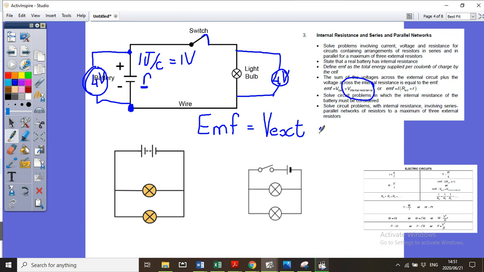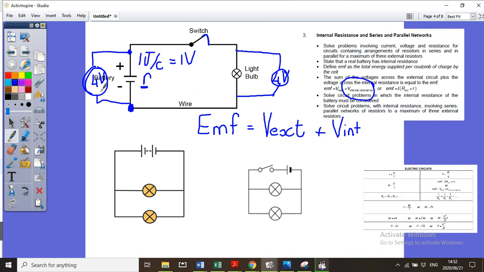But sometimes some of that energy is going to be lost inside the battery, lost in inverted commas because it's not totally lost, but it's just not available for our light bulb. It's not useful energy. So this will then be V internal. The V external is anything that is in the external circuit, and you'll see on your information sheet it's called V load, but it's the same as the V external.